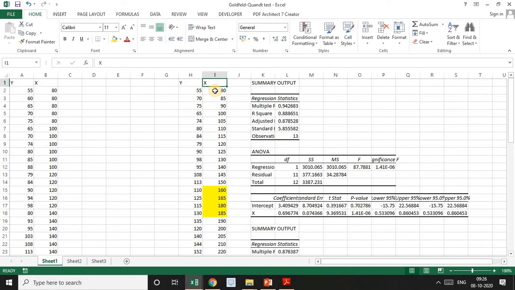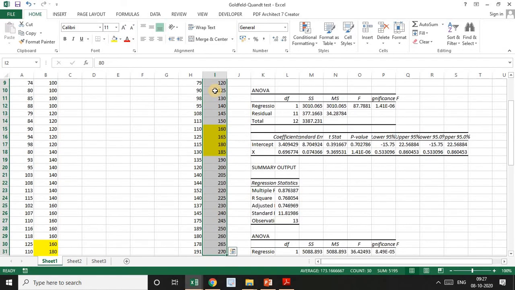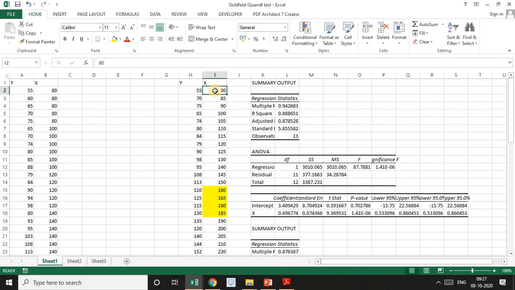If your x variable is not in a particular order, then you have to arrange it in such a way that the smallest value appears first and the largest value appears last. Then let me check how many values there are. Only 30 observations are there.